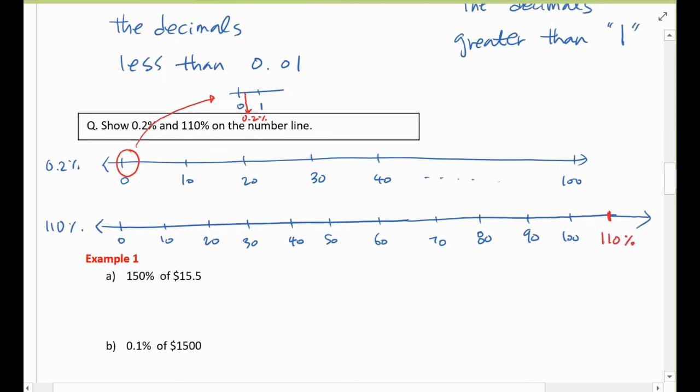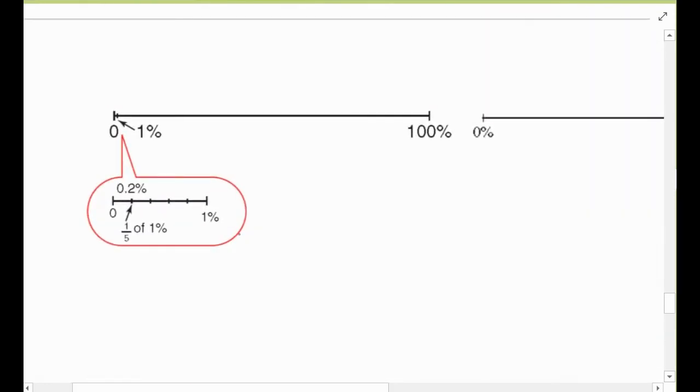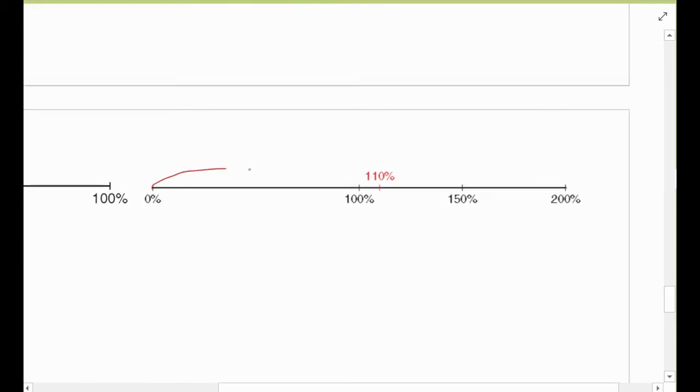More precise picture: 0.2% is even less than 1%, so it should be placed over here, because 0.2 is the same as 1/5 of 1%. So you break 1 into 5 and this is 0.2%. And 110% is greater than 100%, so that will be over here.